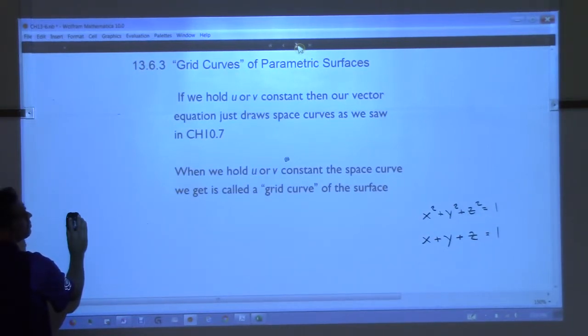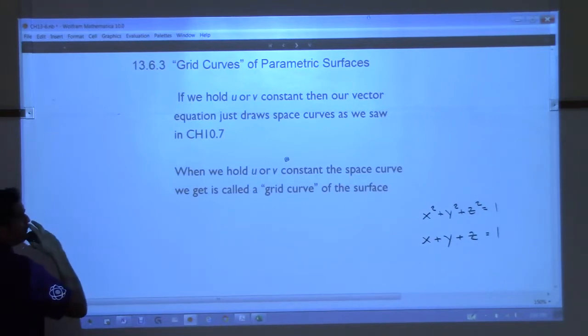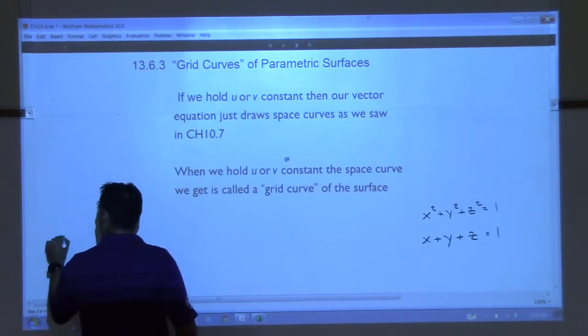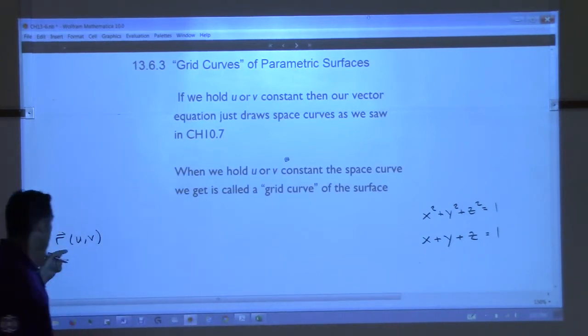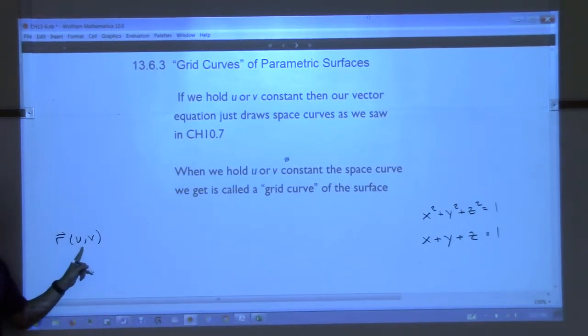This is a definition, grid curves. Let me try and explain this. If we have a vector function that takes in two things, then if I hold one of these variables constant, let's say I choose to hold the v constant, then we are back to 10.7 where we're just going to draw a curve, right?